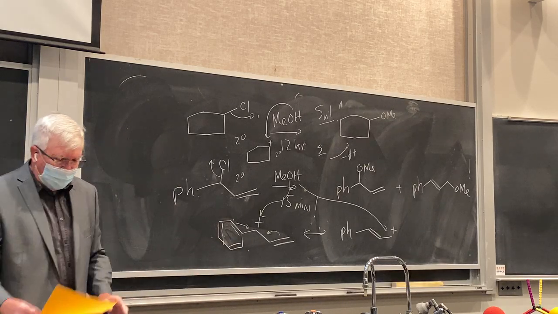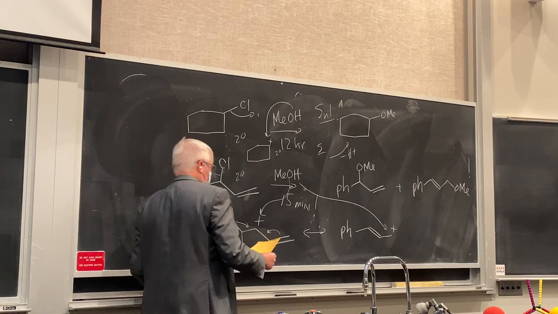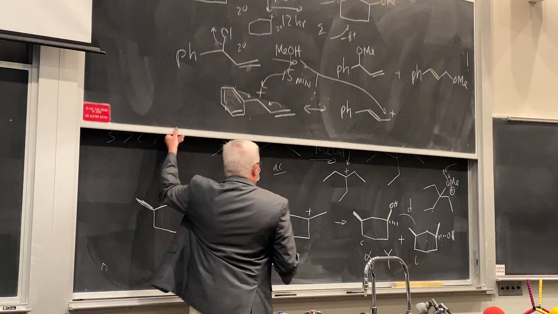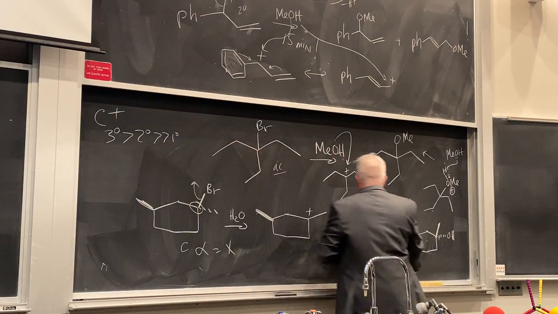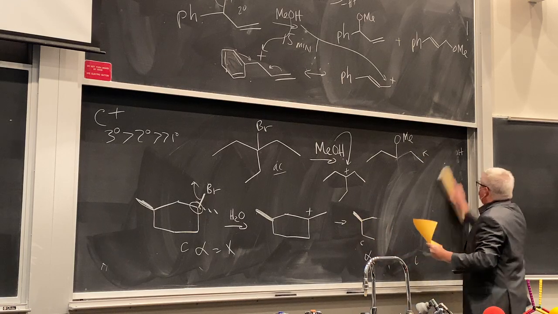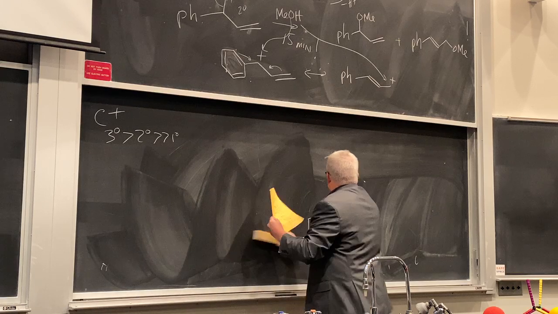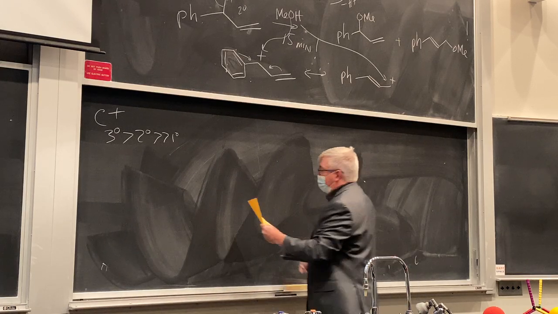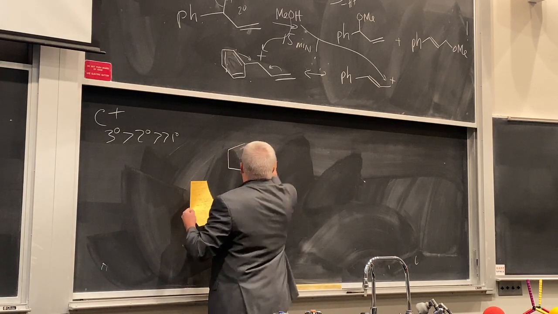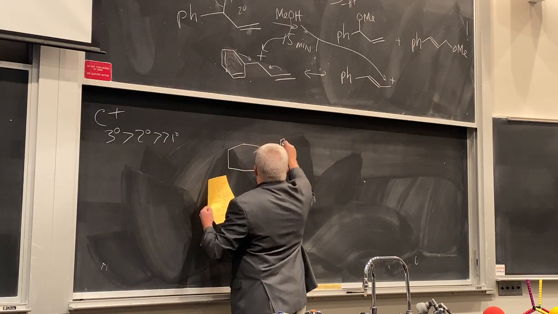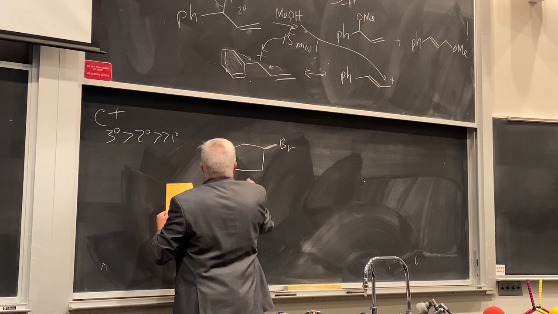All right, let's look at some comparisons here. How about a cyclic one again? Let's do, again, a secondary one. Let's start with the cis bromide here.